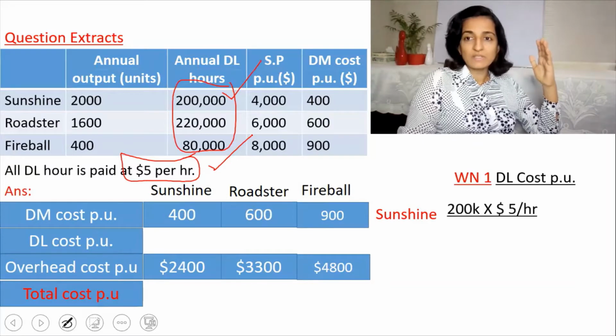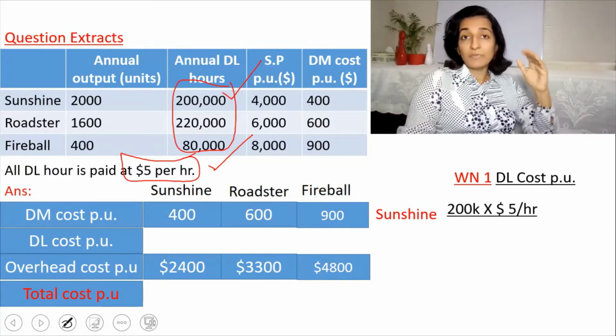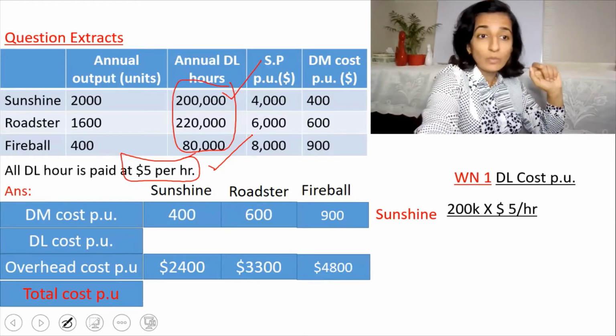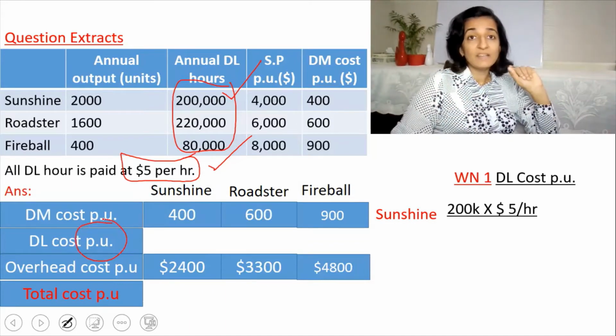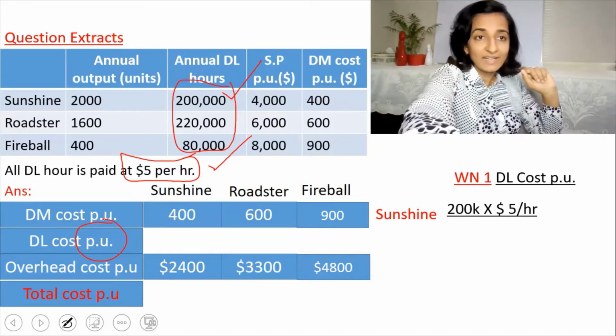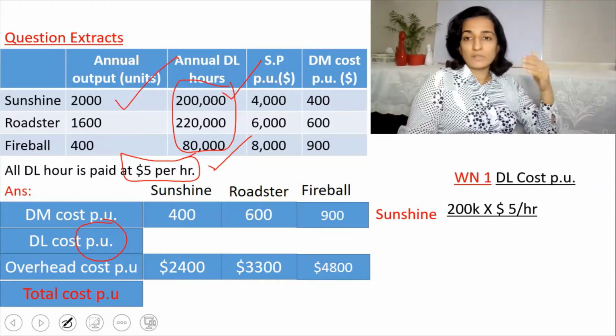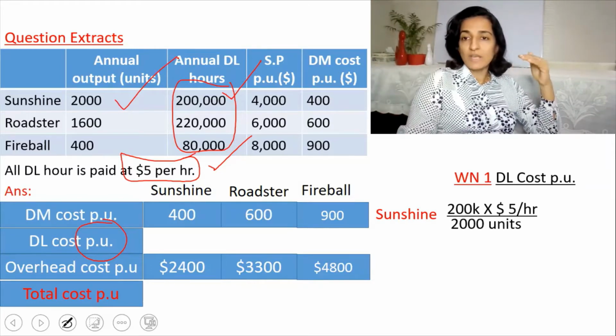So 200,000 multiplied by $5 per hour, you get the total direct labor cost in dollars. But we don't want the total direct labor cost. We want the direct labor cost per unit. So we divide it by the number of units of Sunshine, that is 2,000 units, to get an amount of $500 per unit.